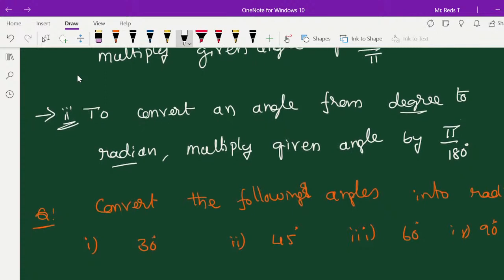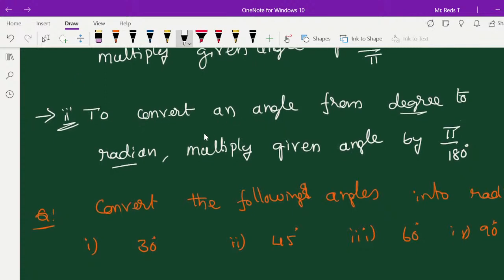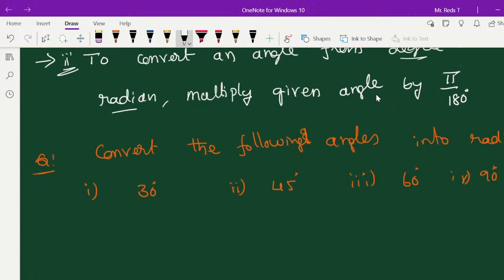If the angle is given in degrees, to convert it to radians we have to multiply the given angle with pi by 180. So take the given angle, the first one, and multiply with pi by 180. Then the obtained value will be in radians.